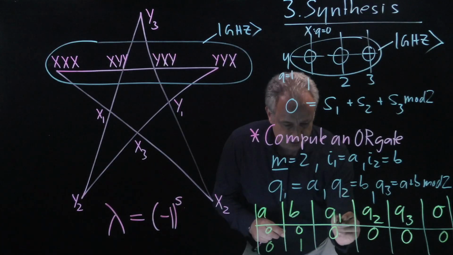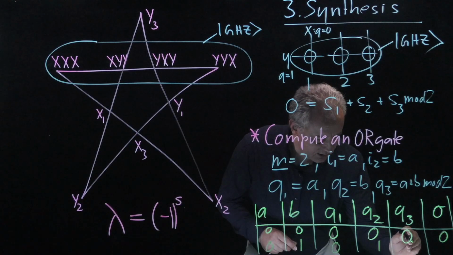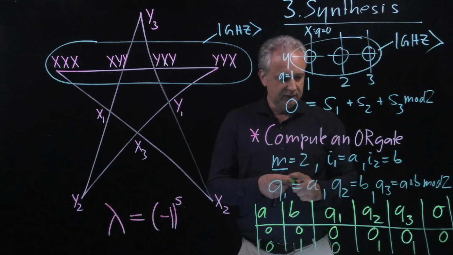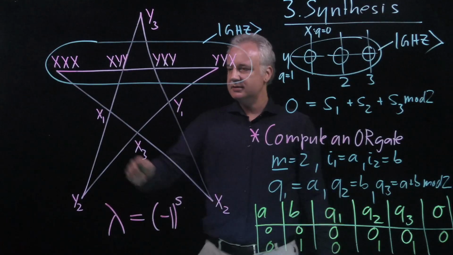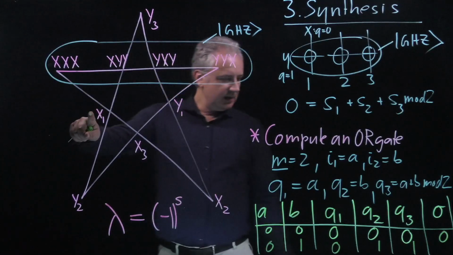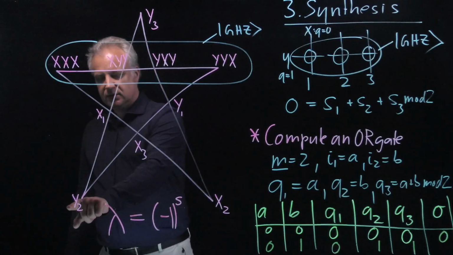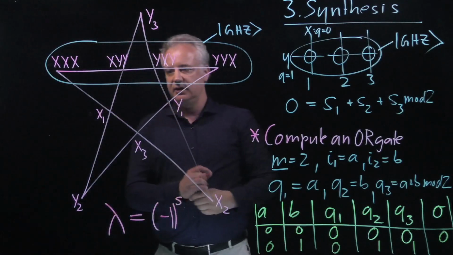We find that Q1 is 0, Q2 is 1, Q3 is also 1. So this means qubit 1 is measured in the eigenbasis of X, and the other 2 qubits are measured in the eigenbasis of Y. So this is qubit 2, this is qubit 3. This is the context that we are now dealing with.